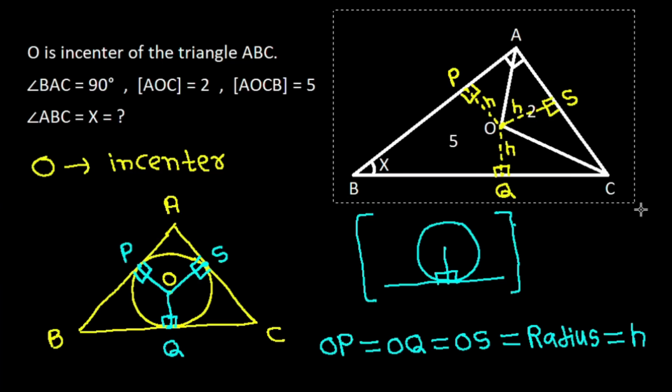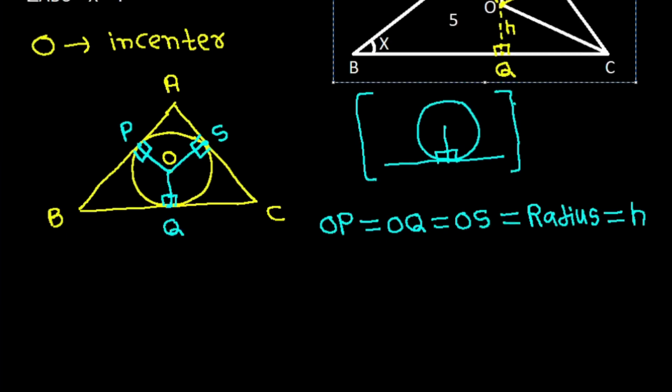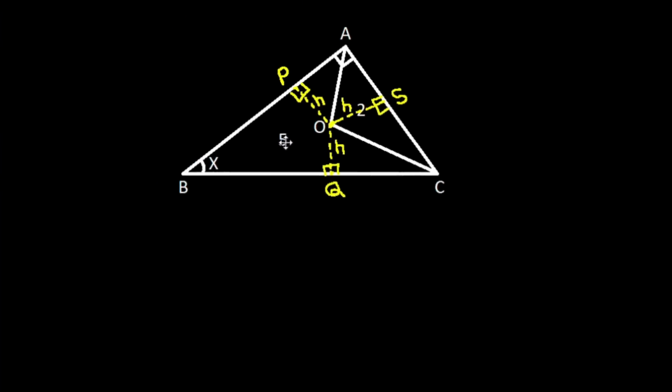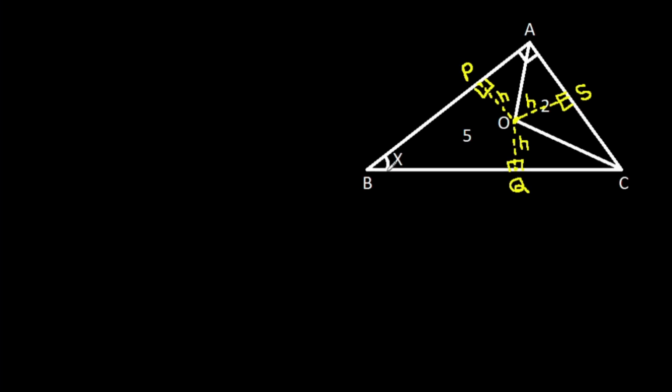And if we join BO, then we have area of AOCB is 5.